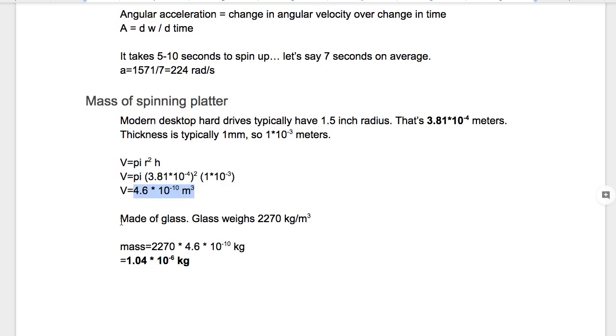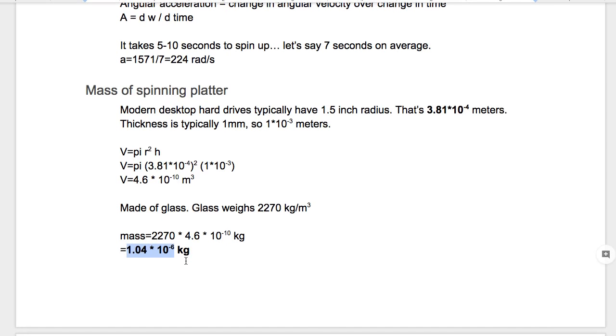And we know that hard drive platters are mostly made up of glass, and that weighs about 2,270 kilograms per cubic meter. So if we go ahead and multiply that out, we get our mass of a hard drive spinning platter, which happens to be 1.04 times 10 to the negative 6th kilograms.